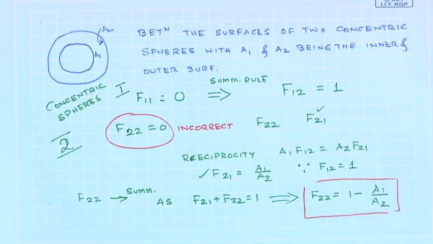So, what I would suggest is, if you look at your textbook and some of the other textbooks on radiative heat transfer, you would see that there are several configurations provided as examples or as exercises for you to practice to see whether you can correctly evaluate the view factor for such cases.